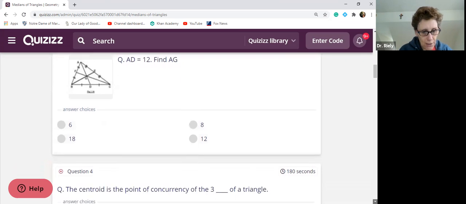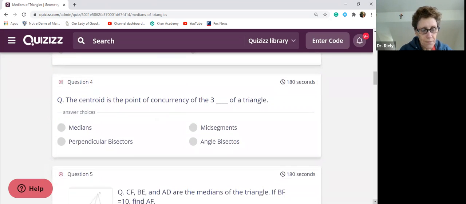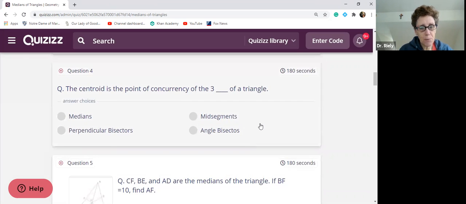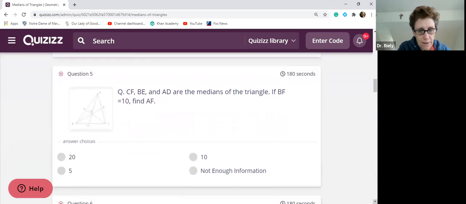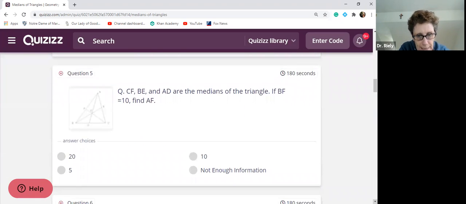Okay, continuing on to question number 4. The centroid is the point of concurrency of the 3, and the answer is medians. Remember, we're in 5.4. It's all about medians. Okay, let's go to question number 5. CF, BE, and AD are the medians of the triangle.